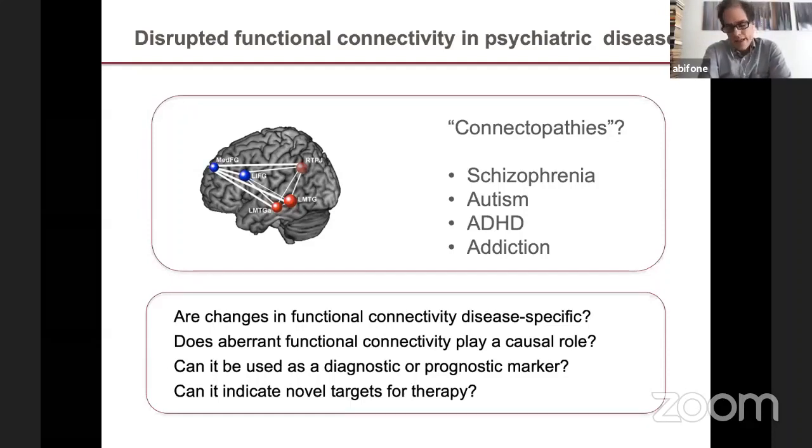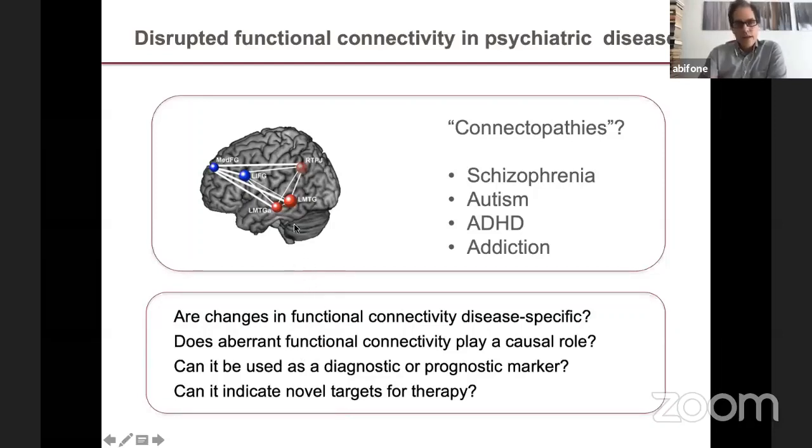To the point that the word connectopathy has been christened and sometimes used to indicate these diseases, pointing to the question whether there is a relationship, beyond mere association, between alterations in these brain networks and the actual development of the symptoms. So these are the questions that have been nagging me for years now.